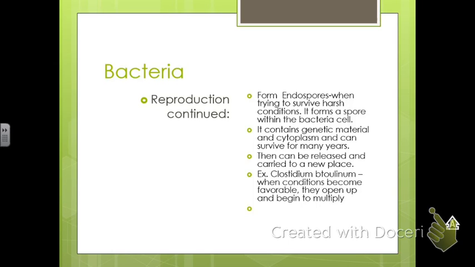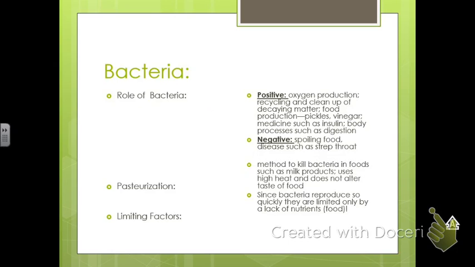Clostridium botulinum will do that, and that's a bacteria that lives in the soil. So if you think about it, it might be frozen in the winter, and then when it's no longer frozen, or if the soil's too wet or too dry, then when the drought is over, the flooding is over, the spore will open up and begin to multiply. So bacteria can reproduce in several ways to guarantee the survival of their species.